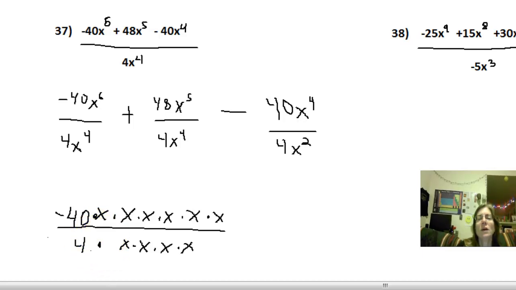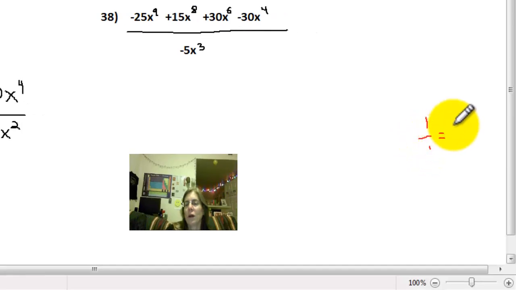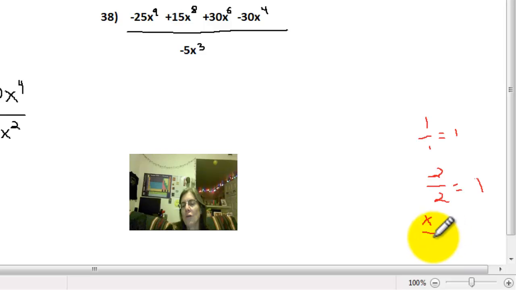What you can do, because any number over itself equals 1: 1 over 1 equals 1, 2 over 2 equals 1, anything in the world over itself, and it could be a letter, x over x equals 1. It doesn't matter what is on top.